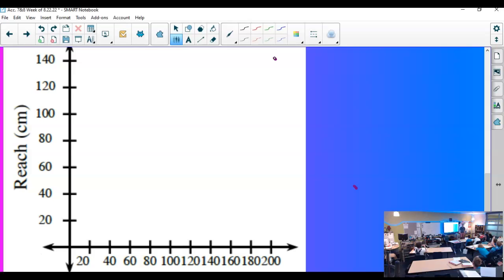Now, questions on what we're about to do. So what happens if you can't reach your reach? What do you mean? So if your reach is higher than 140? What happens if you're too short to reach the spot on the graph that is your reach?